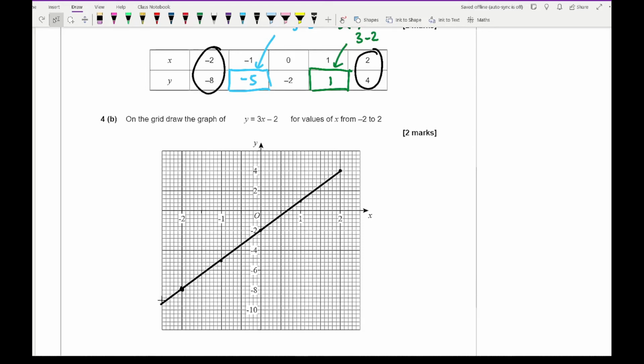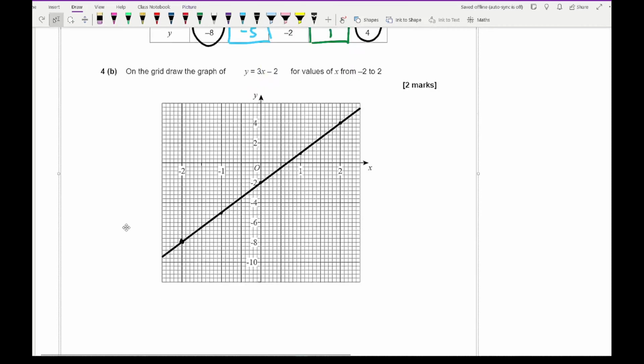Now, it's always good practice for you to extend your line so that it does go through to either side of the axes, just to show that the line does go along. Now obviously your points for the odd numbers might be slightly out, but again, if you use even numbers, it just makes it easier. And the reason for that is because your y-axis goes up in 2s.